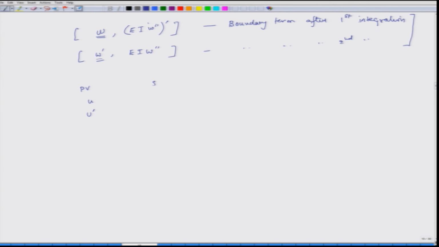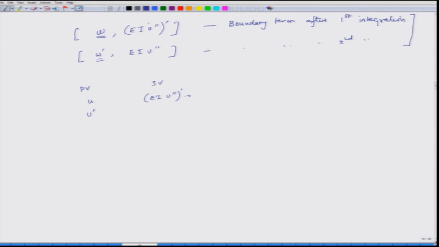and the secondary variables will be EI. So, excuse me, this should have been not W, it should have been U, because U is the unknown we are trying to solve. So, it is E I u prime prime and the whole prime. This is what?